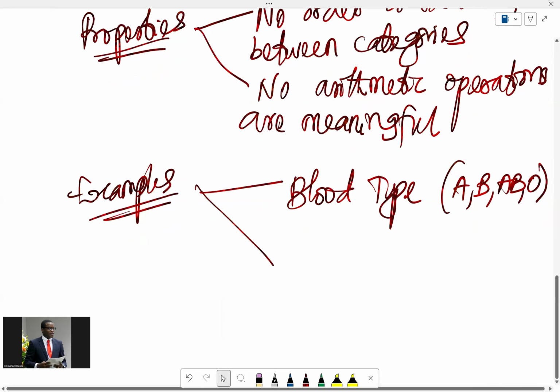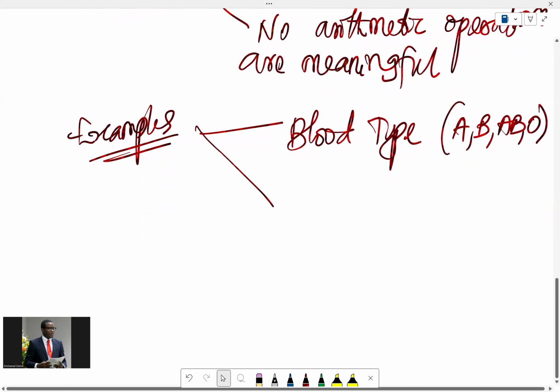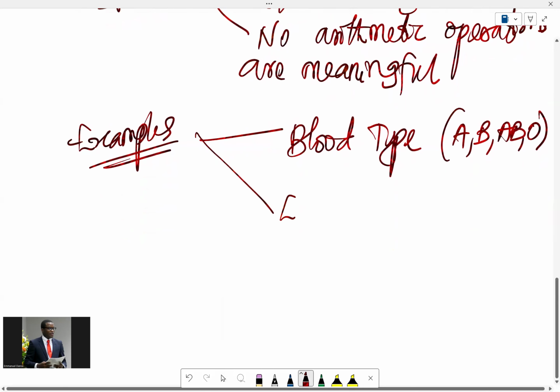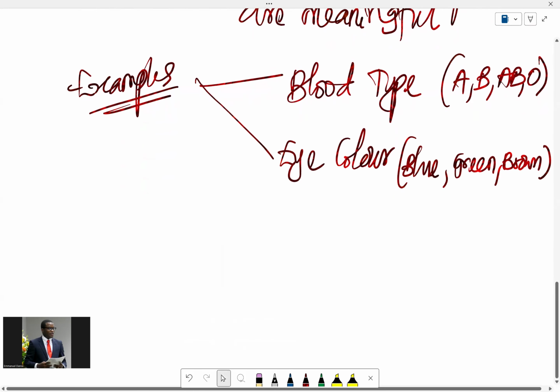So you can't add A and B together and divide by two to get something, no. And then you have eye color. People have different eye colors. It can be blue, it can be green, it can be brown. And of course, so much more.